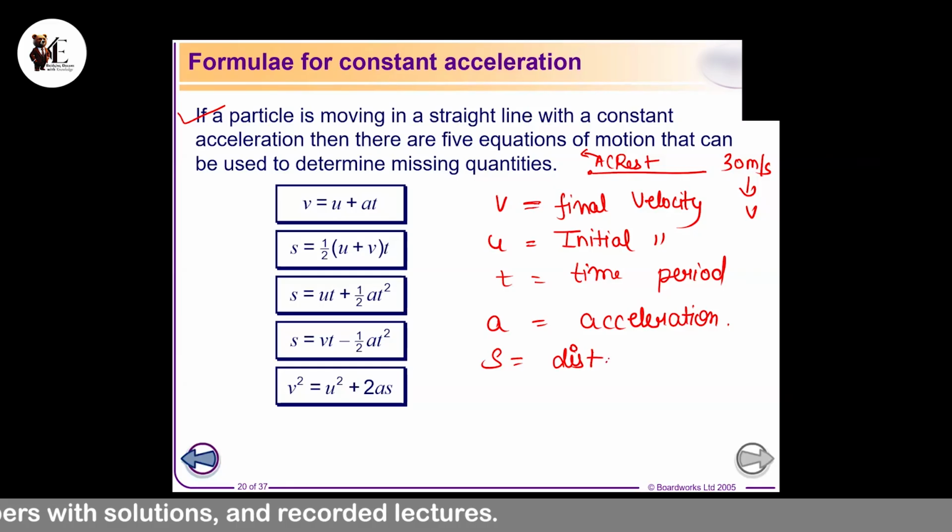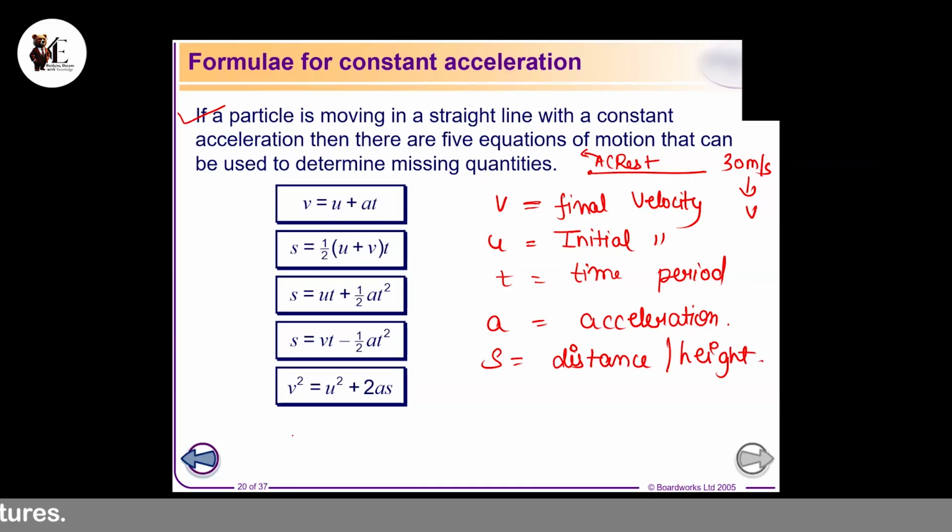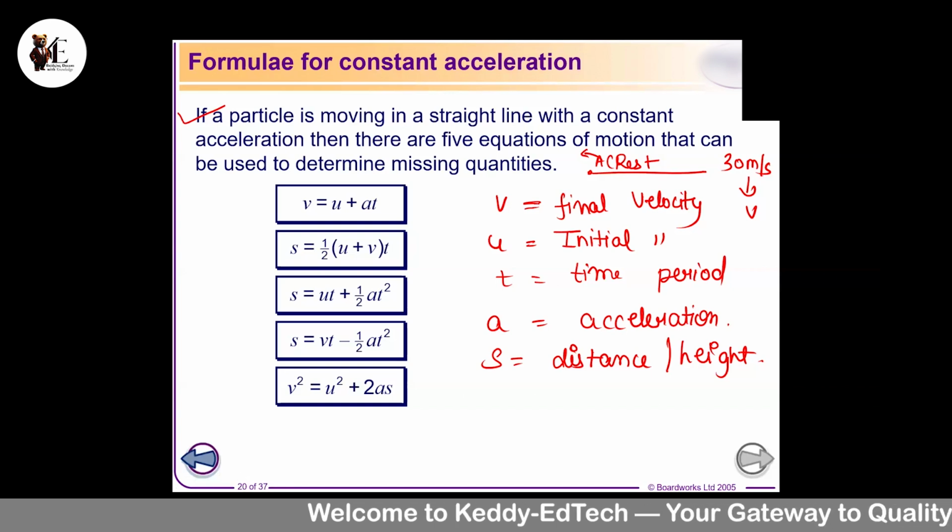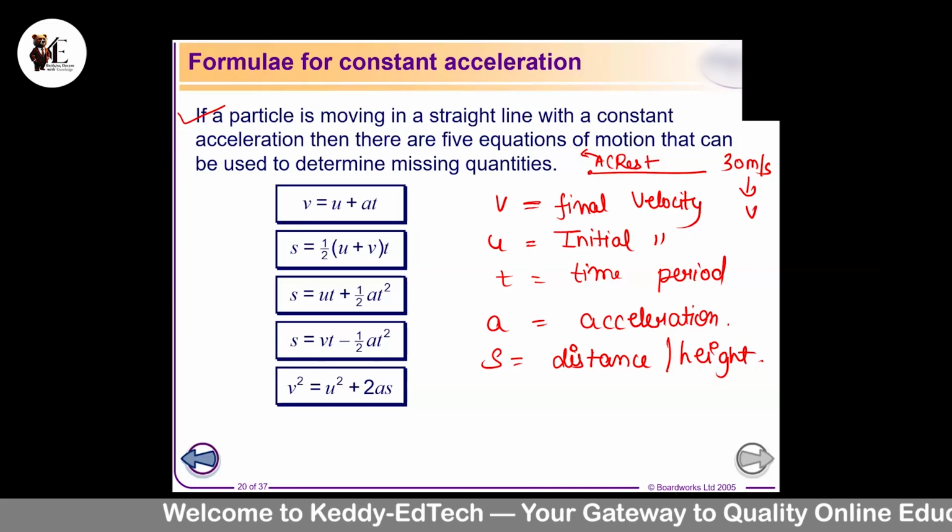It can be the distance, and it can also be said that it is the height. Right, everyone? Please read this out, everybody, and please tell me if there is any confusion in any of the equations, because this is the base.